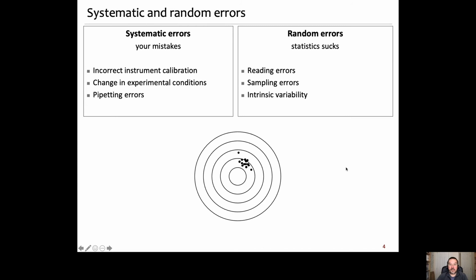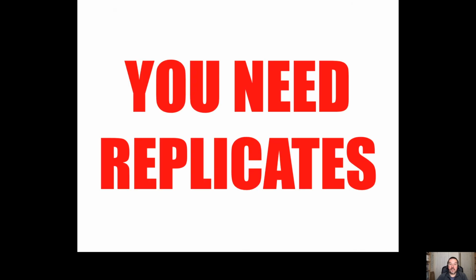Systematic errors can be reduced and eliminated in good experiments. You can't eliminate random errors. You have to live with them. You can estimate and reduce random error by taking multiple measurements, which means you need replicates. Every experiment has to be done in replicates because they allow you to estimate uncertainty or error of your result.